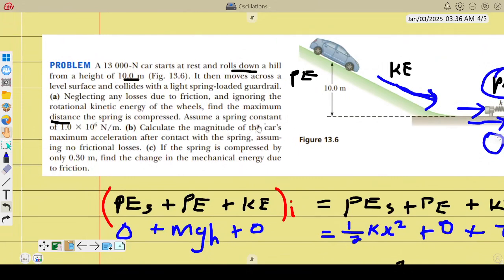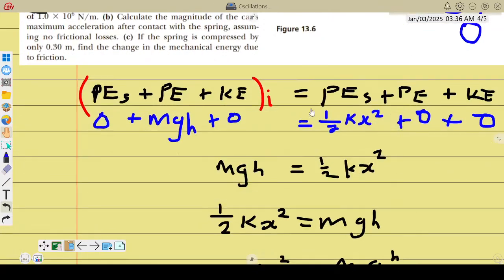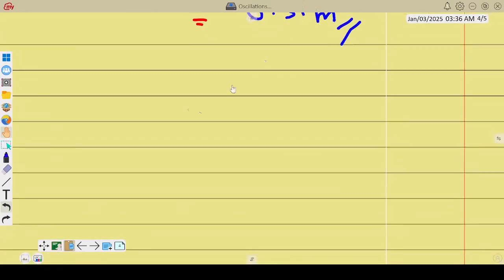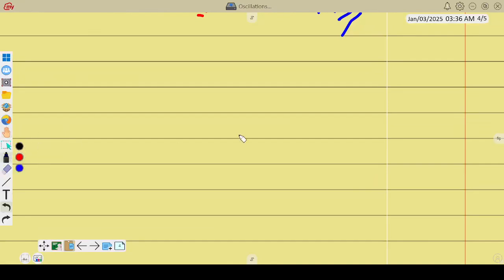Calculate the magnitude of the car's maximum acceleration after contact with the spring. So at this point, the car has collided into the spring.